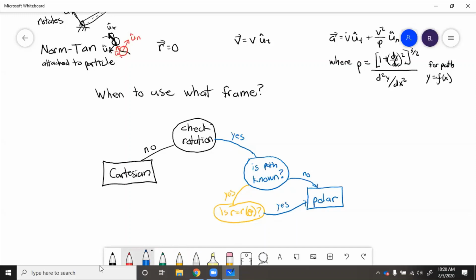And if no, use normal tangential. So this one is last resort. So pretty much if it's not rotating, use Cartesian. If it is rotating and you can at all use polar, do that.